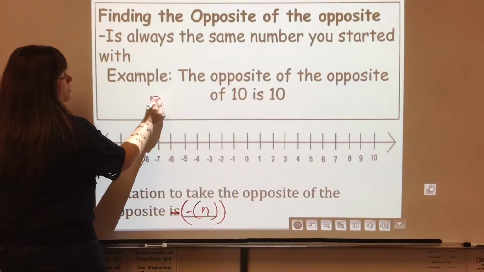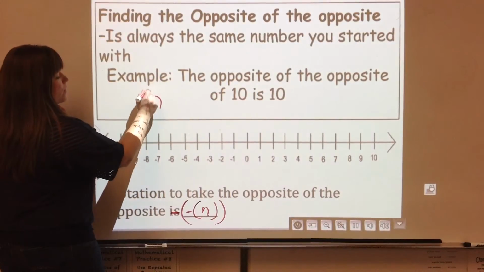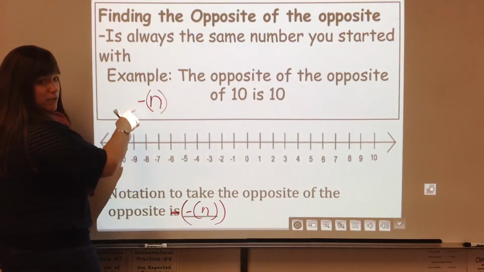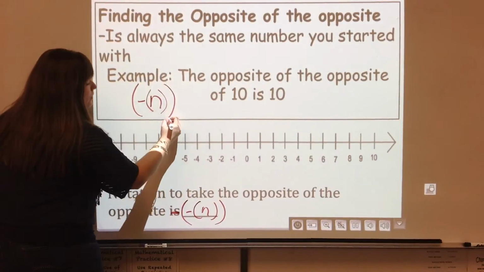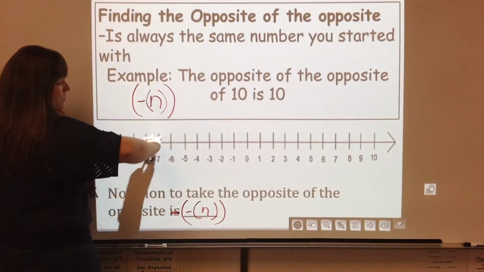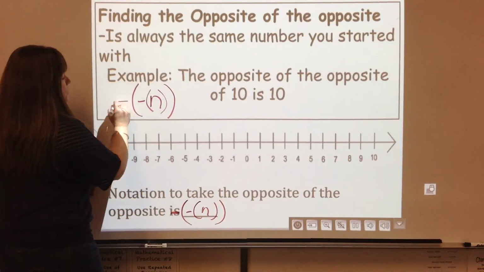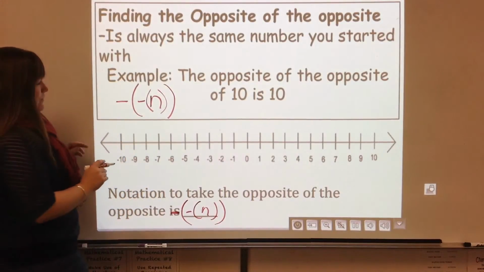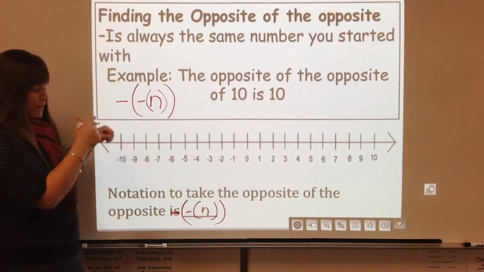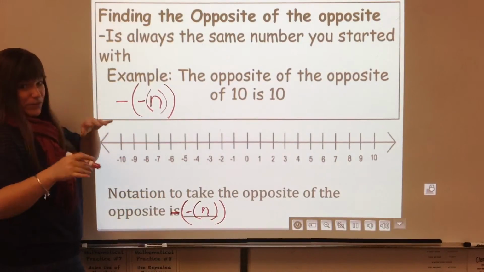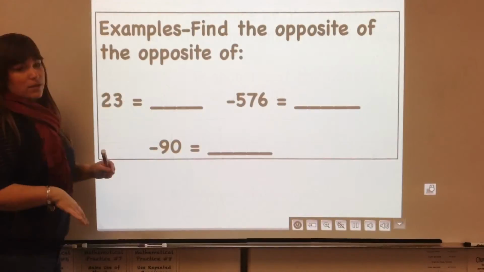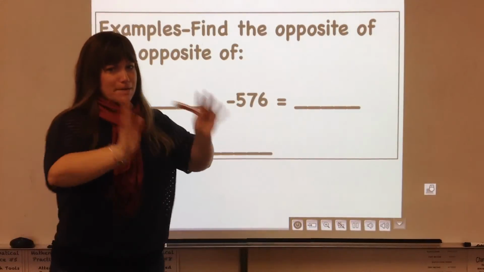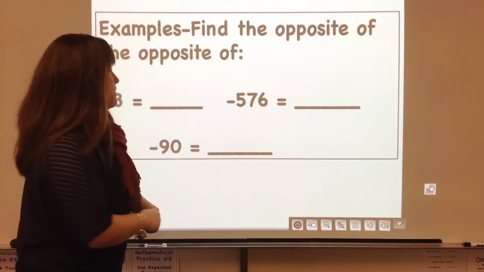You start with the number and you take the opposite of it. That's what we learned before. Then you take this whole entire thing, put parentheses around it, and take the opposite of that. So whenever you see a bunch of opposite or negative symbols with parentheses, you're taking the opposite of the opposite. Here, their directions just say, find the opposite of the opposite. It's not the notation thing.